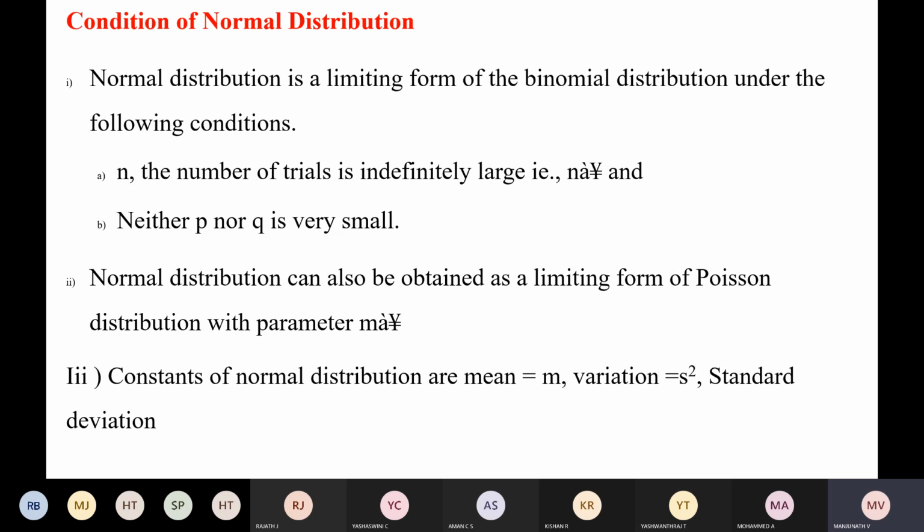People say 120 should be the minimum sample size required to declare a sample as large.